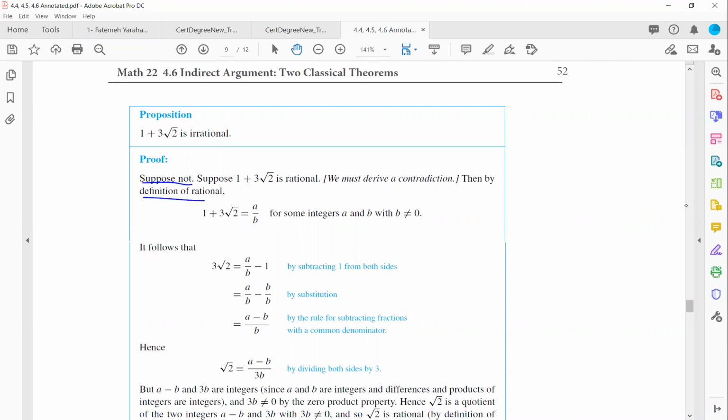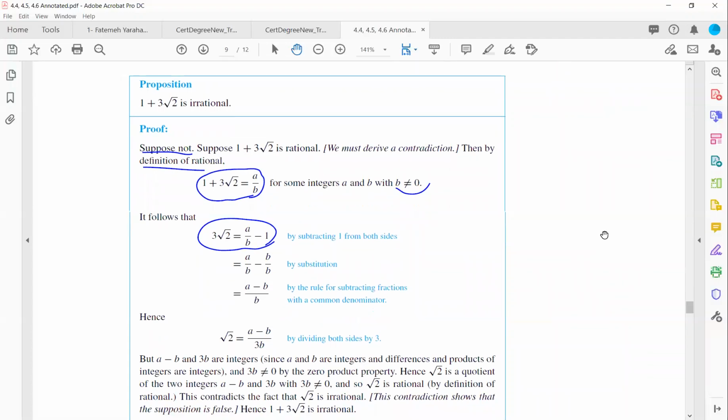It means that there are 2 integers like a and b such that the denominator is never 0, and 1 plus 3 times square root of 2 can be written as a over b. Let us subtract 1 from both sides. 3 square root of 2 is a over b minus 1. Then let us just take common denominator between these two and divide both sides by 3.